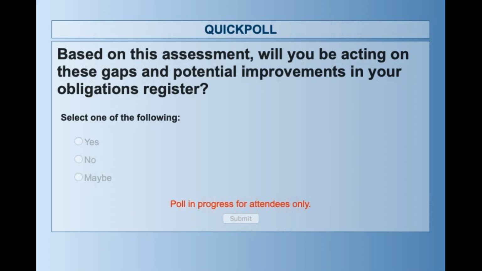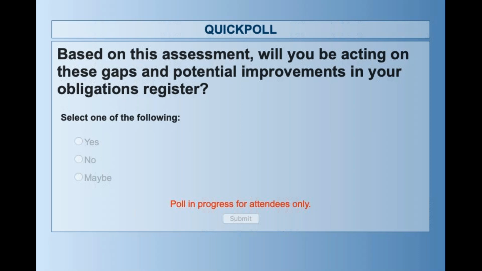So I think hopefully taking this and perhaps some of the other material that we have on the website and putting together a plan that you can implement over the next few weeks and into the holiday season is critical. And then building up the business case within your organization, depending where you sit and how things are laid out. But will you take action on these potential improvements in your compliance obligation register in the next few weeks?